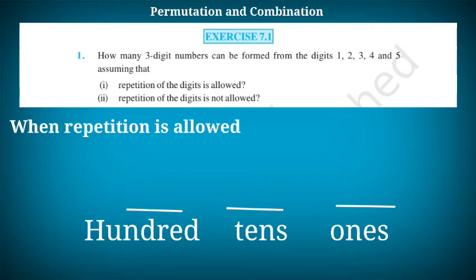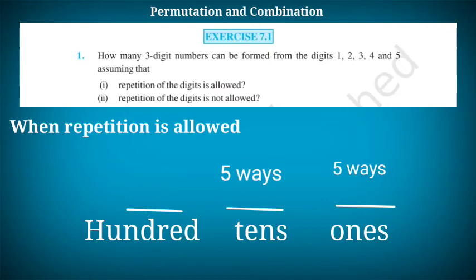The units place chair can be filled in 5 different ways because 5 numbers are there. So for the units place digit, the possible ways of choosing the digit is 5, and if the repetition is allowed, then for the middle chair, that is the tens place digit, there are also 5 ways, because if I select any one digit in the units place, that digit also can be selected for the tens place.